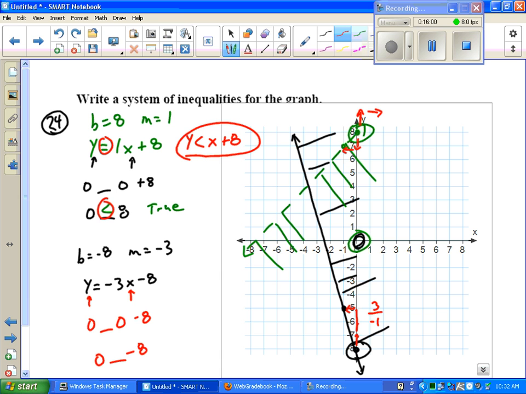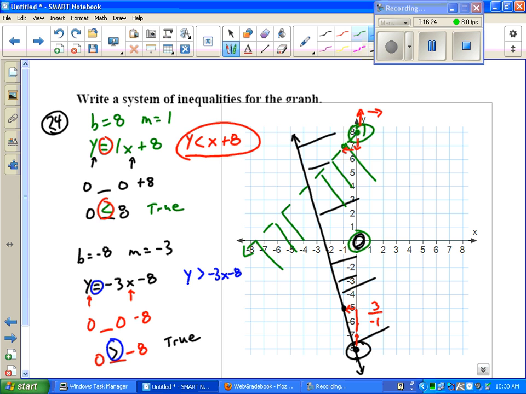And since we're shading towards the point 0, 0, you want a true statement here. Since you want a true statement, 0 is greater than -8 would be true. So take that equation, y equals -3x minus 8, and change the symbol from equals to greater than. Y is greater than -3x minus 8.